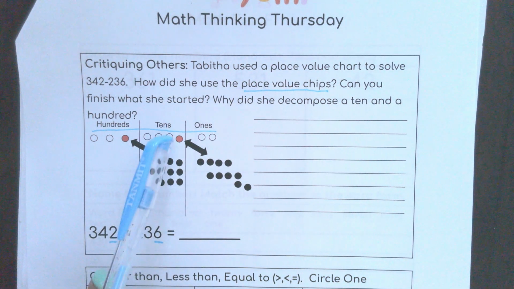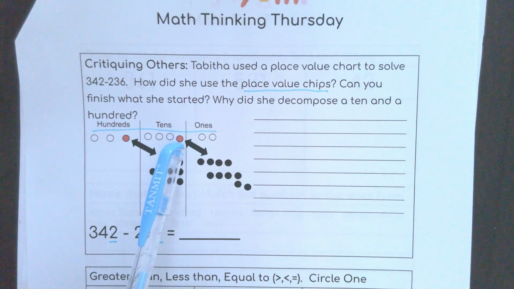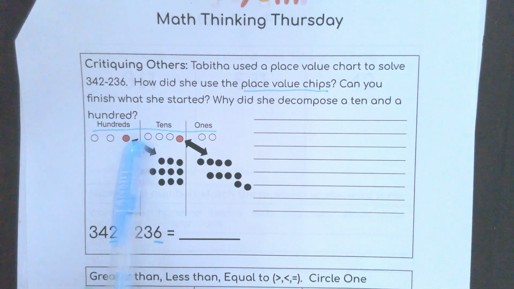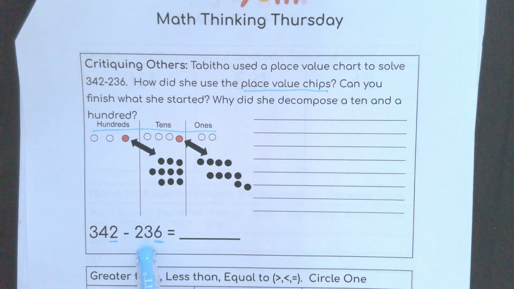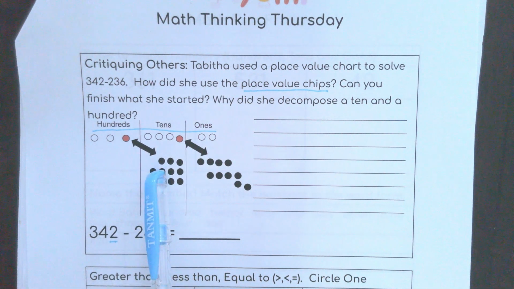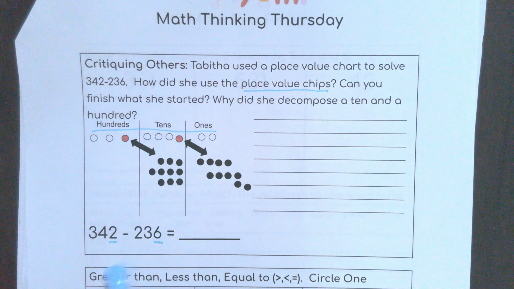If I look in the tens place, this chip is gone. That's why it's red. It's no longer in my group because I moved it over. She has 3 tens left, but she has to subtract 3. So she could just take those 3 away. So she didn't need to move 100 because she had 3 there that she could have taken away.